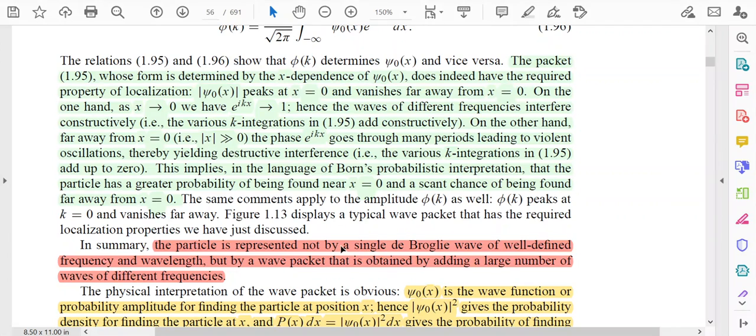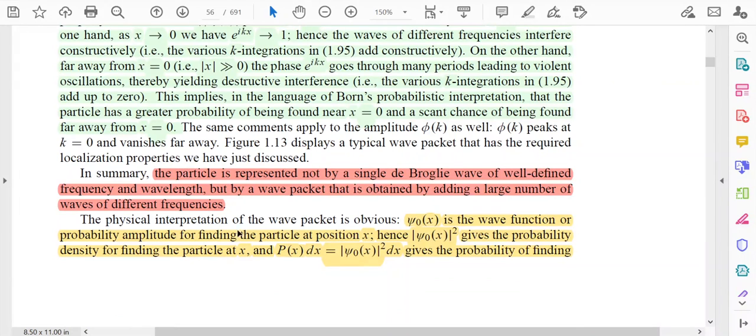That lambda is a single wavelength. But in the concept of the wave packet, we describe the particle as a superposition of a large number of waves of different frequencies. So the wave packet is constructed by adding a large number of waves of different frequencies instead of a single wavelength.